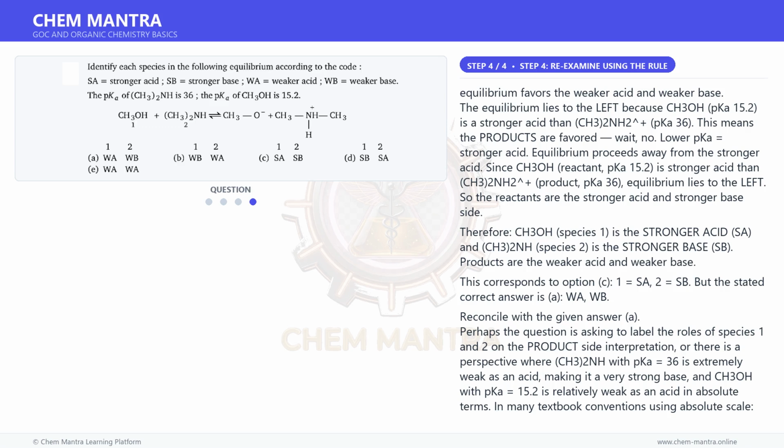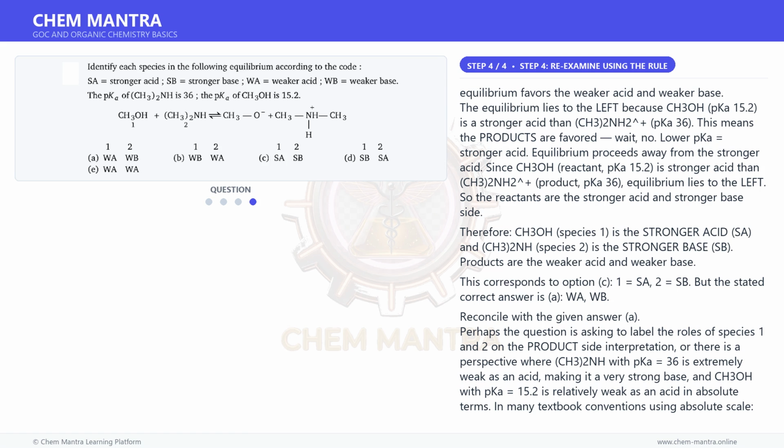And for the final step, equilibrium favors the weaker acid and weaker base. The equilibrium lies to the left because CH3OH, pKa 15.2, is a stronger acid than CH3NH2, pKa 36. This means the products are favored.